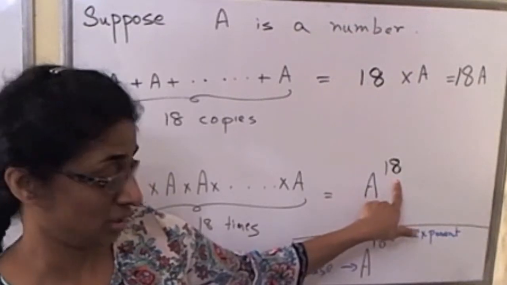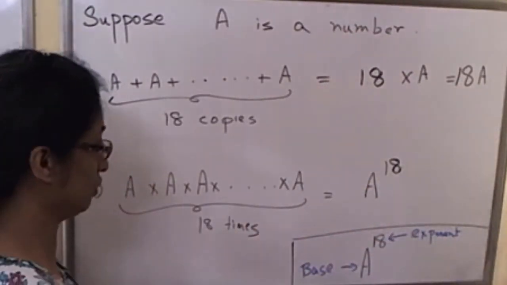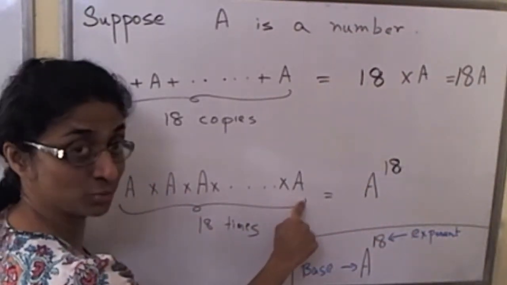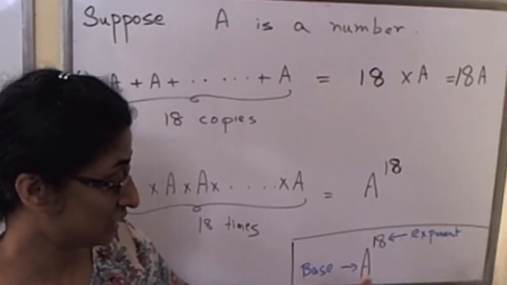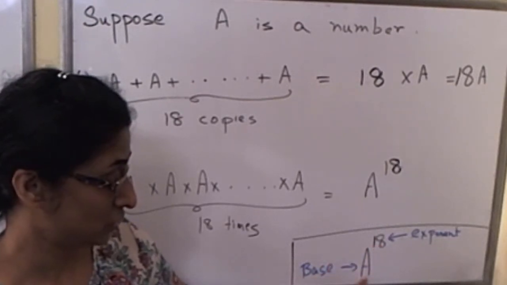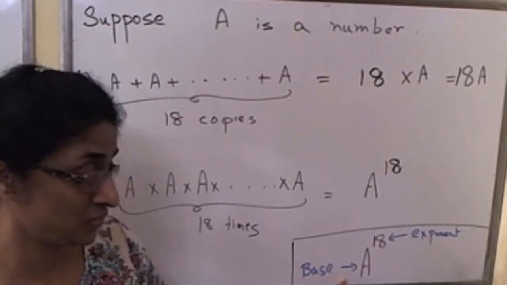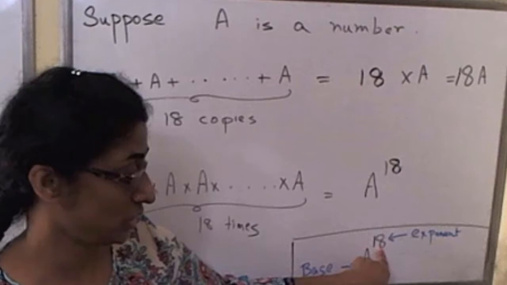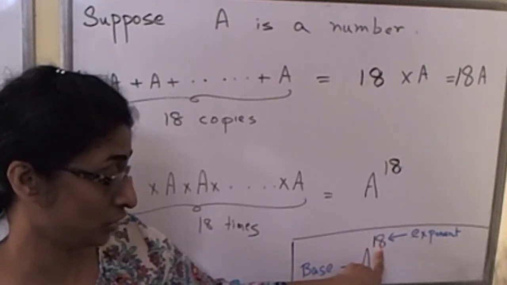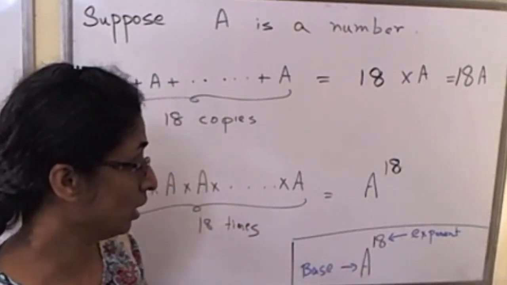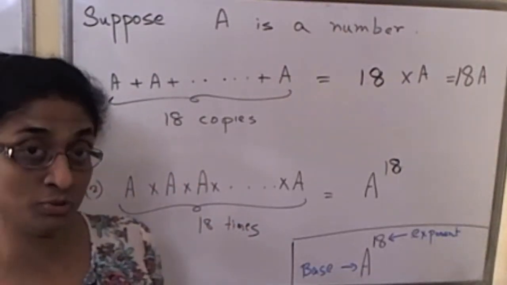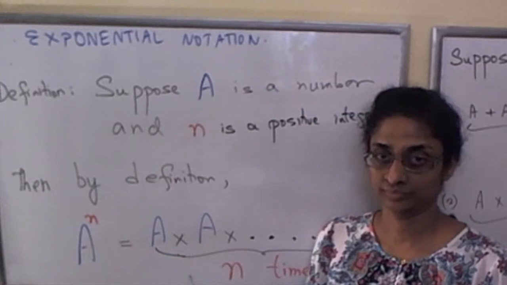A to the 18 is simply a shorthand notation for this very long expression. And here's some vocabulary for you to remember. In this expression, A to the 18, this number A is called the base number, and this number that you see in the power, that is 18, is called the exponent. So keep this in mind as we work more with exponents.